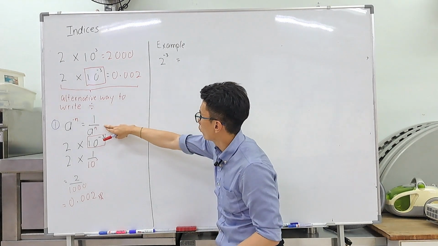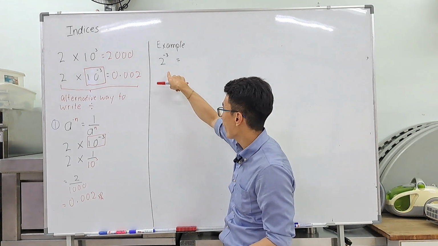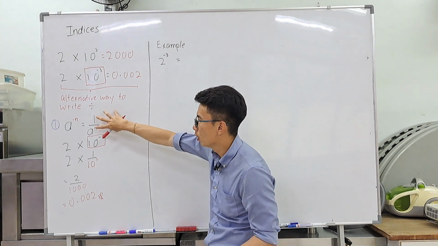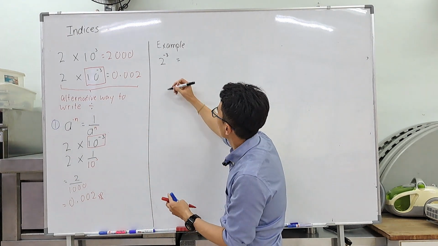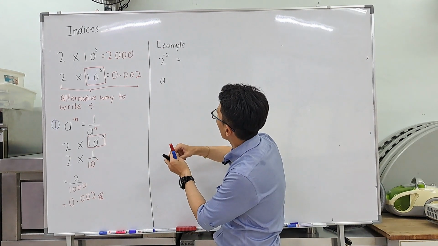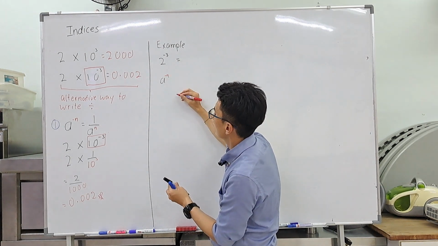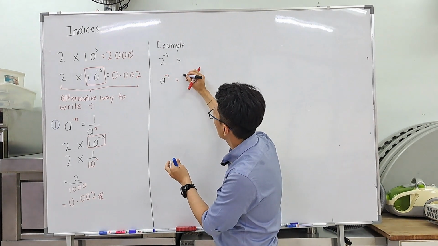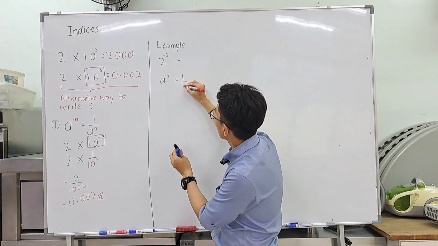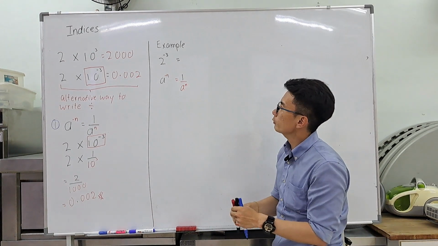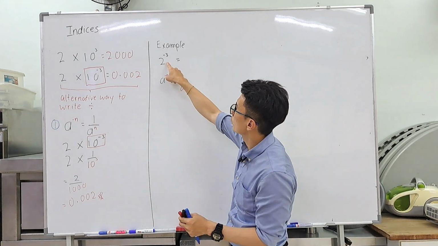Now I'm going to write the first rule over here so you can compare the question and the formula directly. So I have a to the power of negative n, and that will be equal to 1 over a to the n. I'm going to do the same thing for this one.